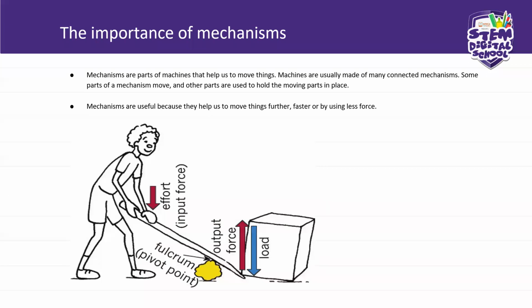So that is one big characteristic of first-class levers. Now the effort is the input force. And the output force is the one that is lifting up this load. So the load in this case is a block, a big block. So this is just a mechanism, all right? And on the principle of this mechanism, other machines can be built, all right?